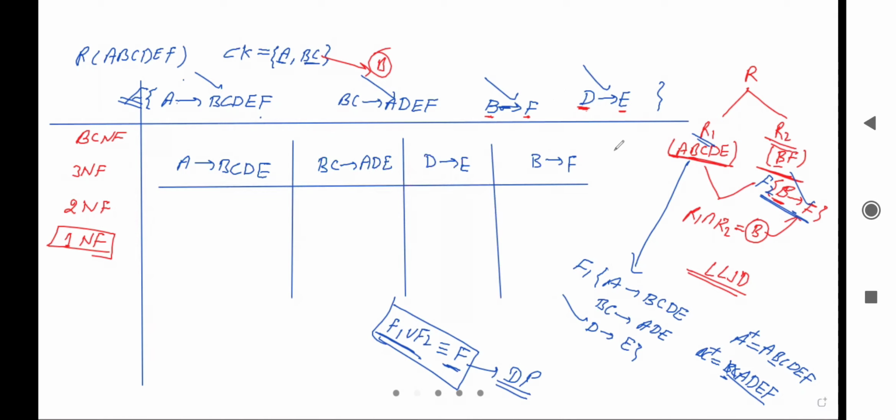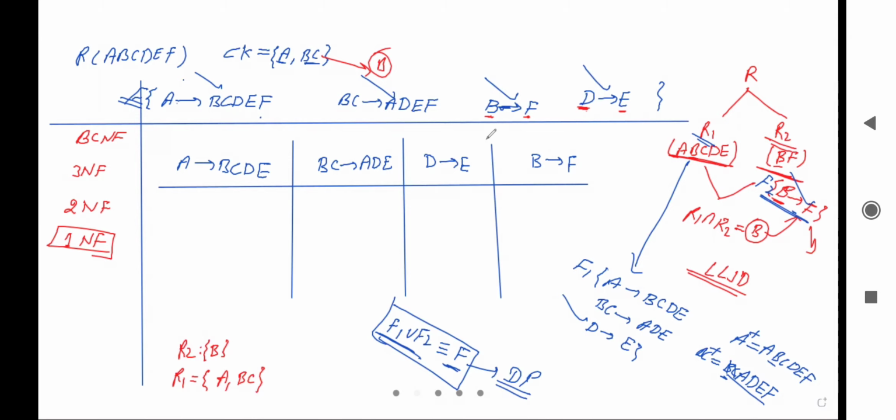Now, what about the candidate key? For this sub-relation, for R2, the candidate key is B, and for relation R1, the candidate keys are A and BC.